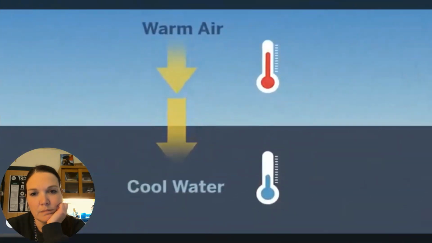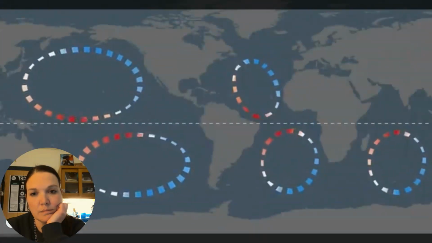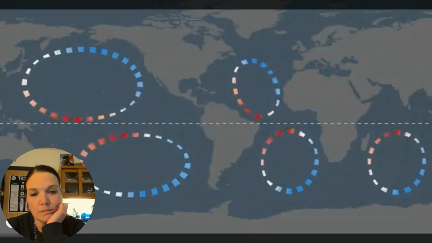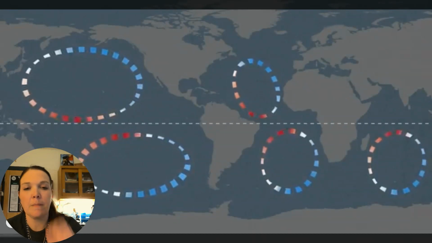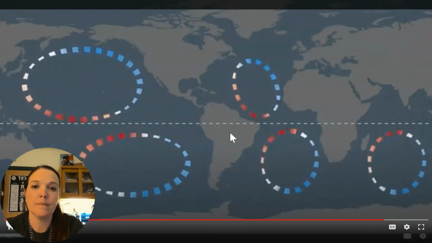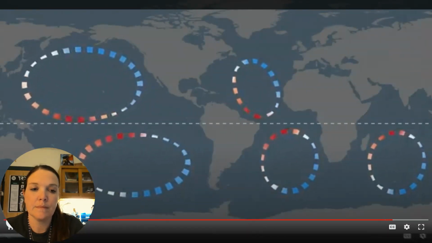In these places, energy transfers from the air to the water because the air is warmer than the water, decreasing the air temperature. Ocean currents are important because they transfer energy throughout Earth's oceans and atmosphere. And this means that ocean currents affect regional climates all over the world.